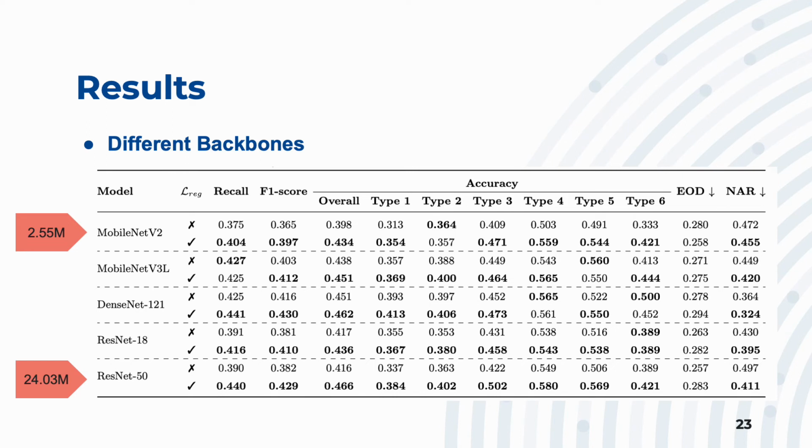And for all of these models, we perform an ablation study to evaluate if adding the regularization loss helps improve the performance. Here, the check mark indicates that the regularization loss is active, and the cross mark indicates that it's not active. We can see in this table that when the regularization loss is activated, it significantly improves the accuracy and fairness results in different model architectures.